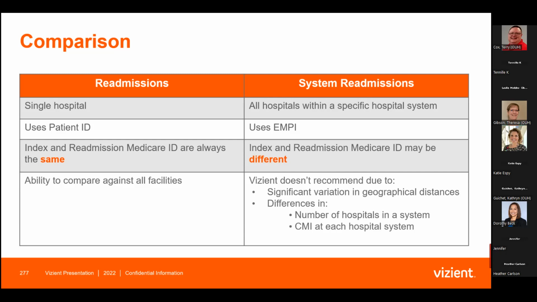So like we were talking yesterday, Tennille, if a patient maybe presented here for surgery or some magnitude, but then they live out closer by Edmond and return to the hospital in 30 days at Edmond, it would get captured in this system level reporting. Okay. Trying to think of any other relevant examples, but it would basically be anything within your system that you could track.